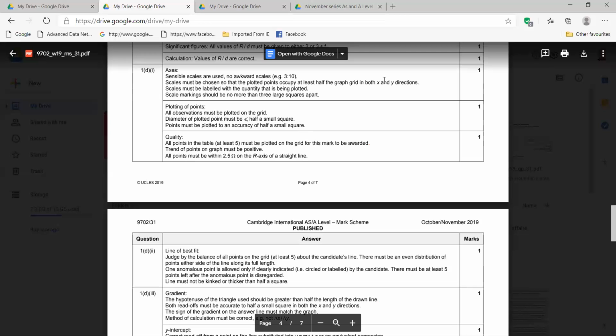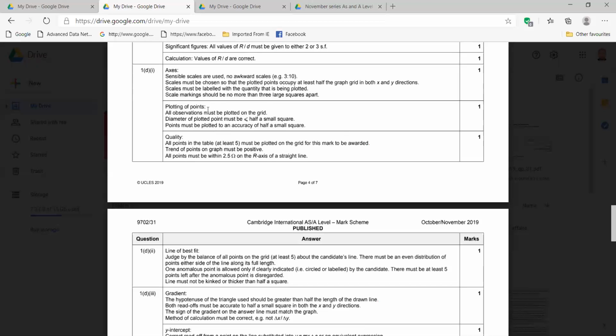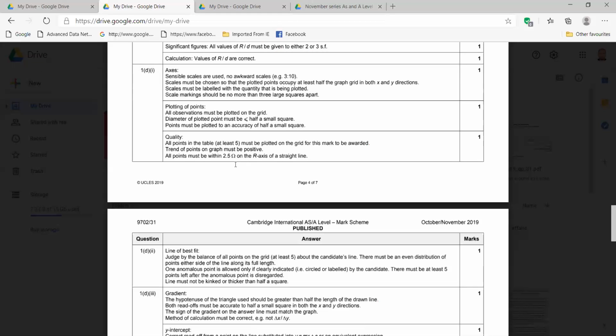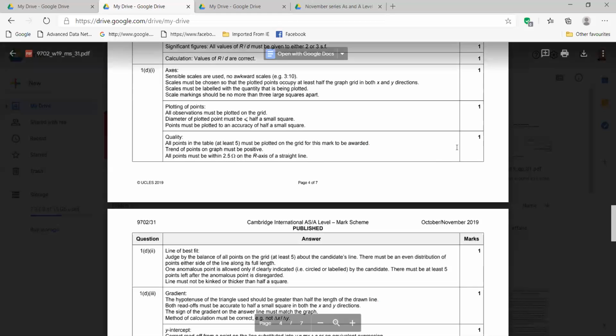We have 4 marks in graphs related to all these ideas. For the line of best fit, the gradient and y-intercept: if you are missing any one of these, you lose the first mark. If you lose any one during plotting of points, you lose 1 mark. For quality, if you lose any one of these, you lose 1 mark.